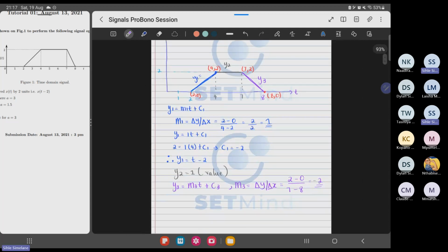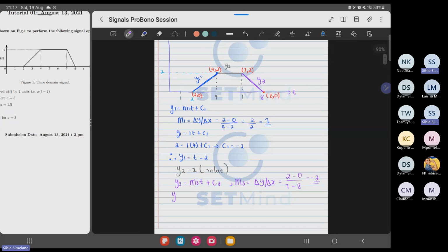So if you quickly find your Y3, it will be the gradient, which is -2t plus the constant C3. And then we can use one of the points which are on the line. We can either use 8 and 0 or 7 and 2 in order for us to find what C3 is. So I'm going to use the one which is 8 and 0.